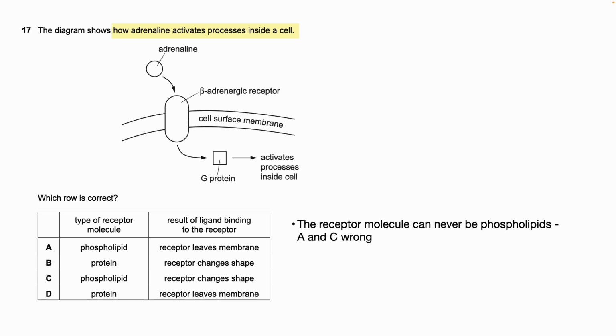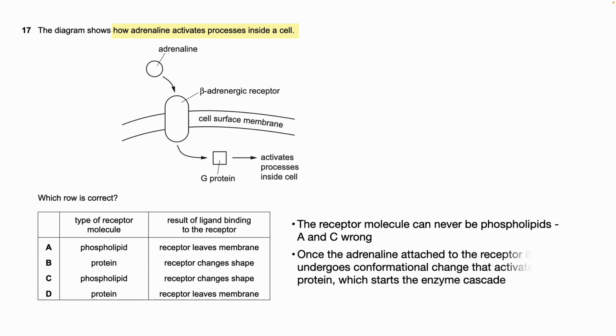The receptor molecule can never be a phospholipid, so A and C can be eliminated. From options B and D, once the adrenaline attaches to the receptor, it undergoes a conformational change that activates G protein, which starts the enzyme cascade. So it is option B: the receptor molecule is made of protein, and the result of ligand binding is that the receptor changes shape to activate the G protein.